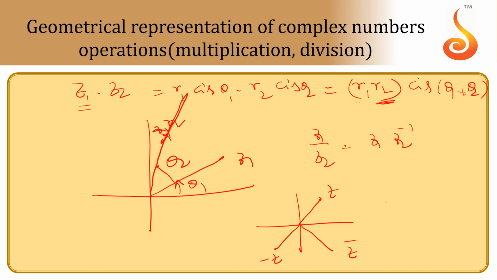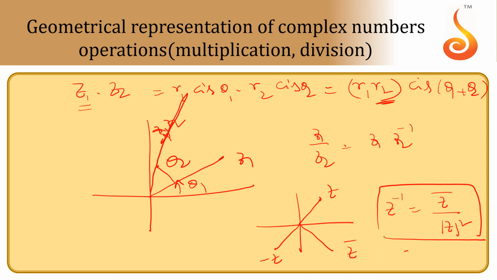Because Z inverse is nothing but 1 by Z, can I say Z inverse is Z bar by mod Z square? Because Z inverse is 1 by Z, and Z Z bar is mod Z square.